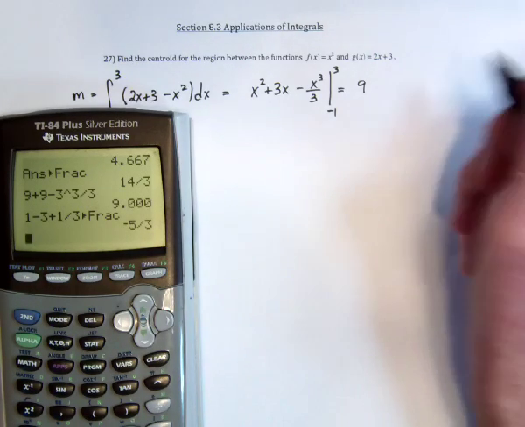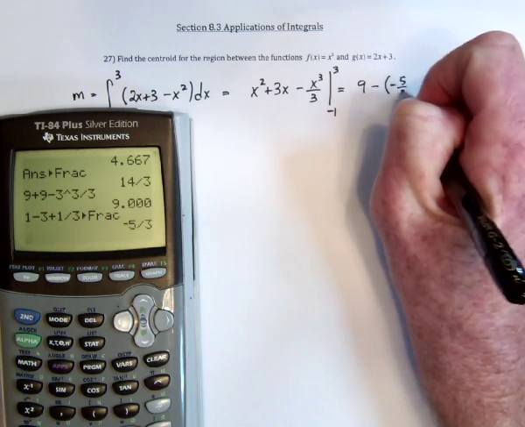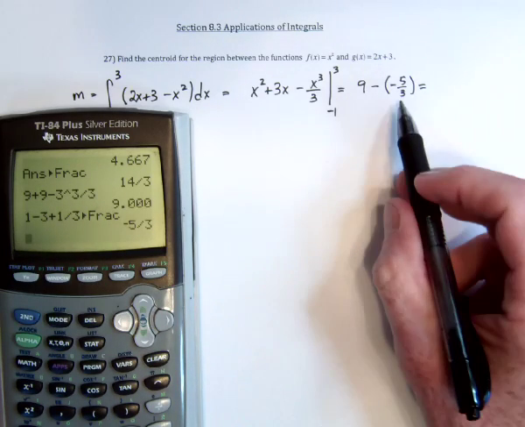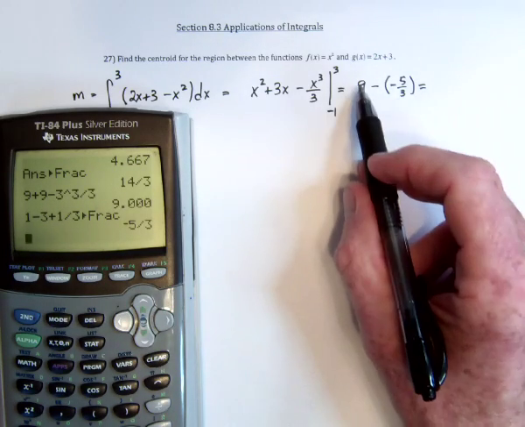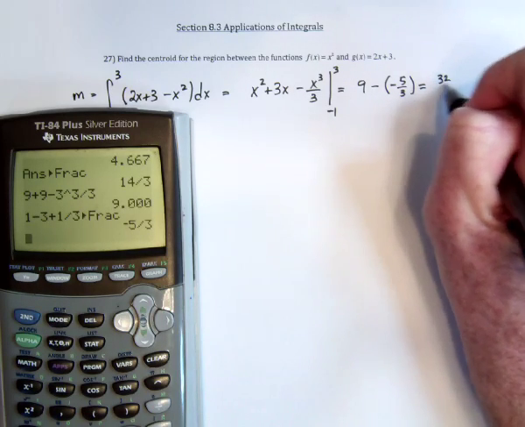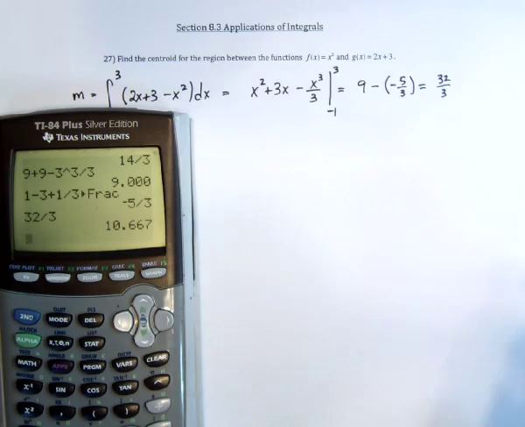And now we need to subtract that, so minus -5/3, which means that you actually add it. So that's 27 and 5 is 32/3, or 10.667, depending on whether you want decimals or fractions.